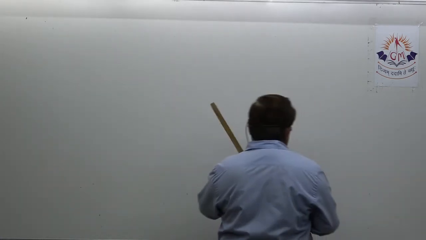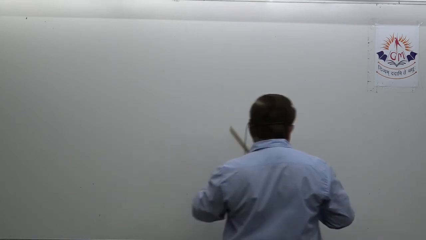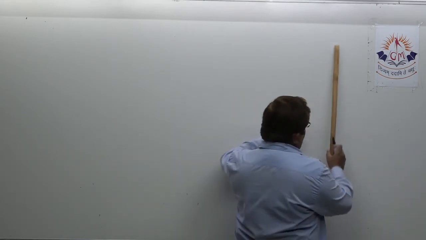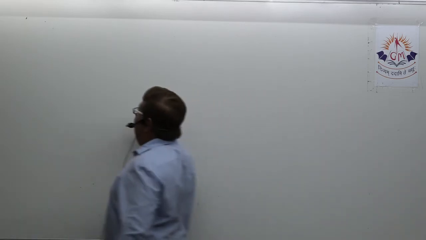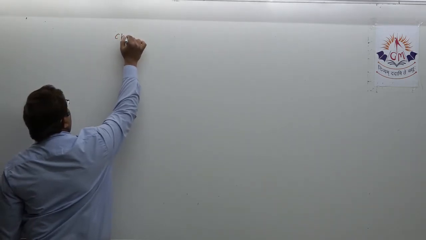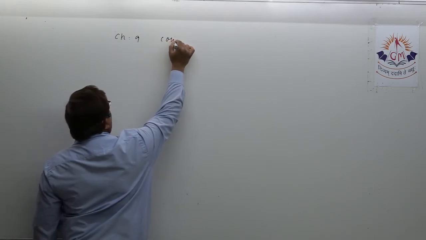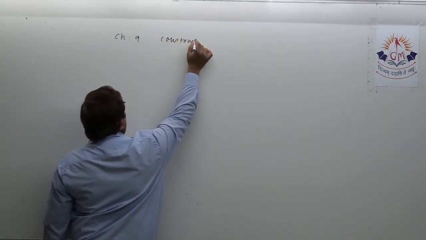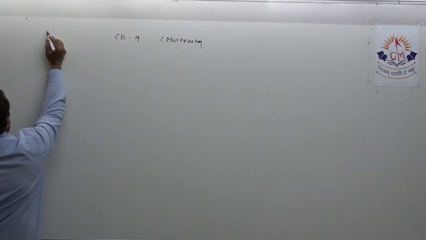Right. So today, when you are attending the chapter of construction, this is the ruler somewhere I may use. Chapter number 9, that's construction. In this chapter, you are today attending lecture number 8.